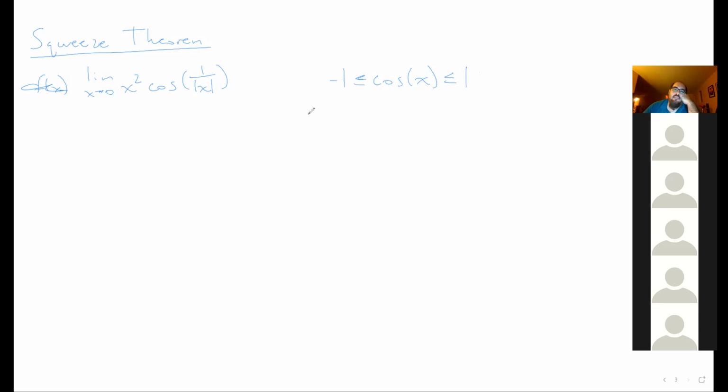And here's the nice thing about that: I threw in this weird thing, cosine of 1 over the absolute value of x, but really it does not matter. It's still bounded between -1 and 1 because of that cosine function, right? Yeah.